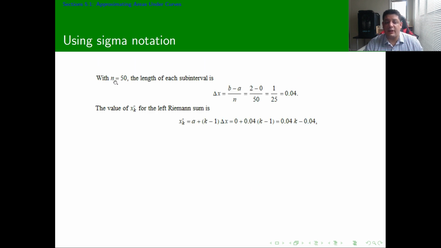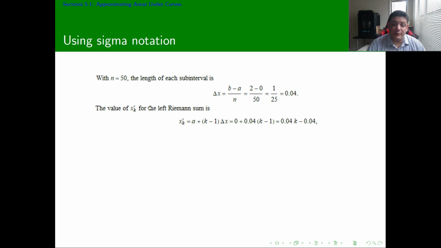The length of each subinterval is going to be given by delta x, which is b minus a over n, so 2 minus 0 divided by 50, or 1 over 25, or 0.04. So it's a very small delta x, a very small distance between each of the subintervals.